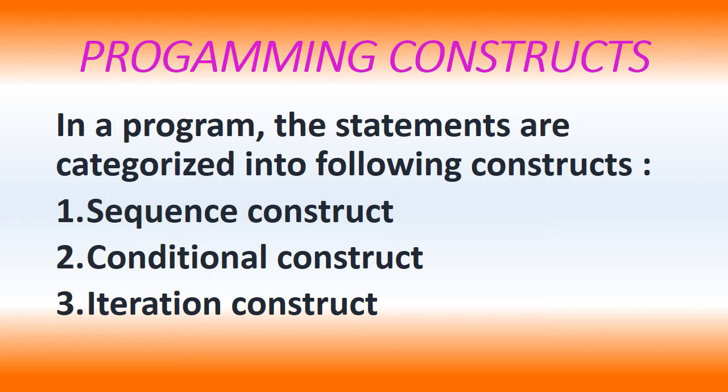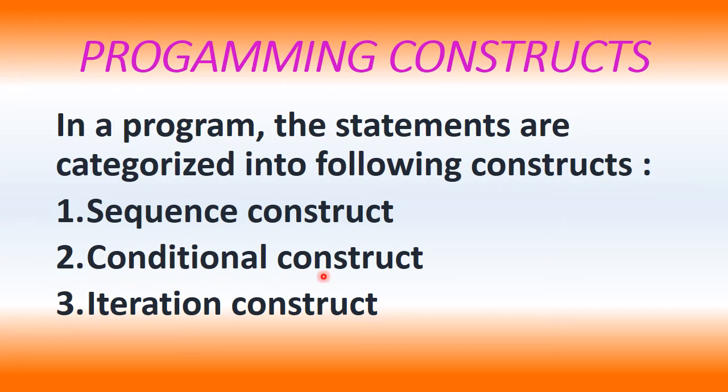So first of all we will discuss the programming constructs. In a program, the statements are categorized into the following constructs, meaning which types of construct we can use in Java programming. Number 1 is the sequence construct.